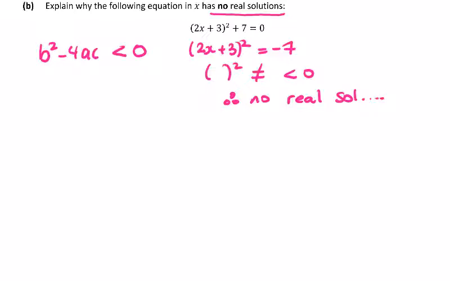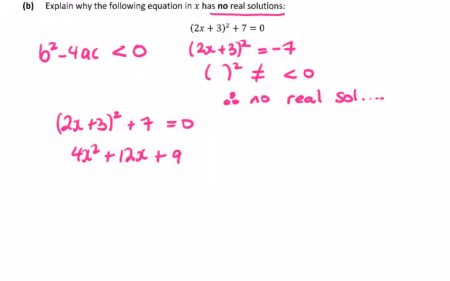Or you could multiply it out. 2x plus 3 all squared plus 7 equals 0. I think this is probably what most people will do. 4x squared plus 6x twice plus 9 plus 7 equals 0. So 4x squared plus 12x plus 16 equals 0.